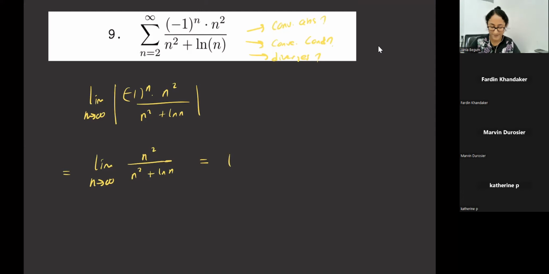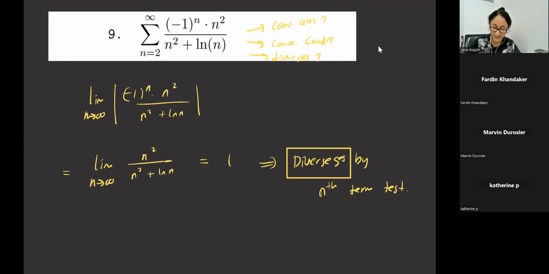It diverges by the nth term test for divergence. Exactly. So there you go. Now, if you try to test for conditional convergence, you will still get the limit to be 1, so it doesn't converge conditionally either. Therefore, it diverges. Let me know if this makes sense.